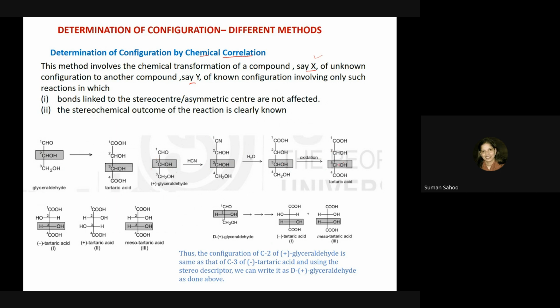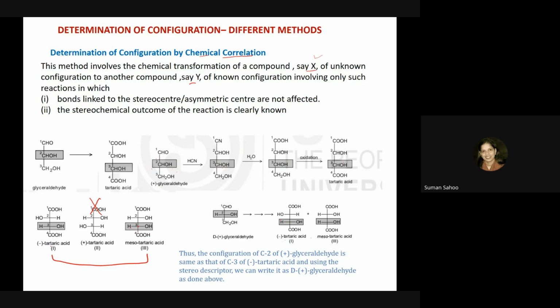We know that tartaric acid has three configurations: minus tartaric acid, plus tartaric acid, and meso tartaric acid. Among them, these two tartaric acids have the OH group on the right hand side and the H on the left hand side at this carbon. This glyceraldehyde gives these two tartaric acids, and this tartaric acid is not formed.